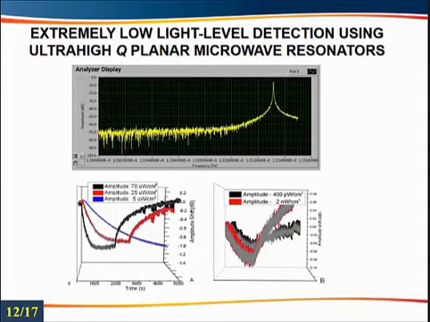By the way, our most recent results are in the hundreds of picowatts. So we are almost 2 orders of magnitude now better than the Nature Photonics paper that I referenced.